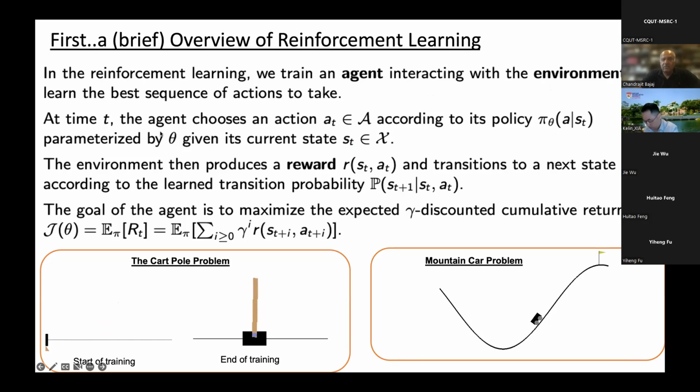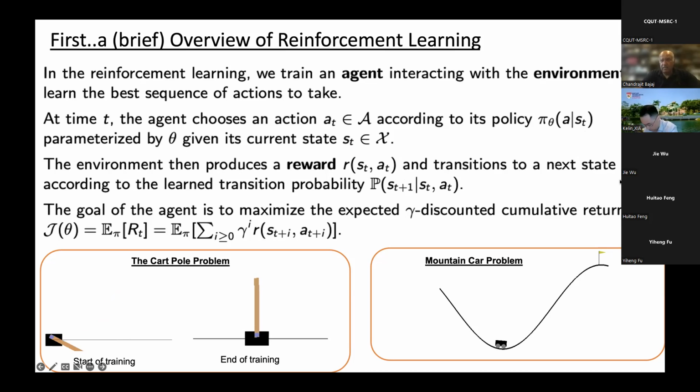And the agent chooses actions, so it's like a dynamical process, a decision process, according to its policy. And the policy is parameterized by some theta. Given the current state, it tells you, based on this policy, what action to take when you're at state S_t. And then every time you take an action, the environment produces a reward and you transition to the next state.